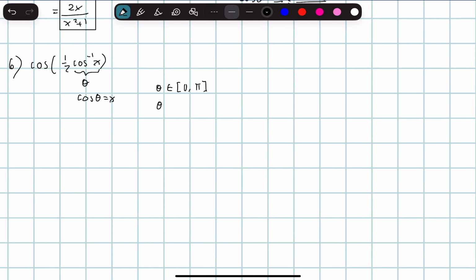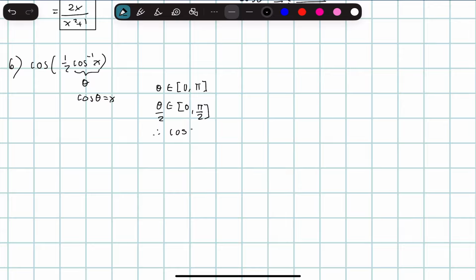But remember that theta over 2, oh, this is a half angle identity. So now you have theta over 2, which is essentially dividing everything by 2, so the range becomes 0 to pi over 2. Because of the range restriction you see right here, cosine has to be greater than or equal to 0.